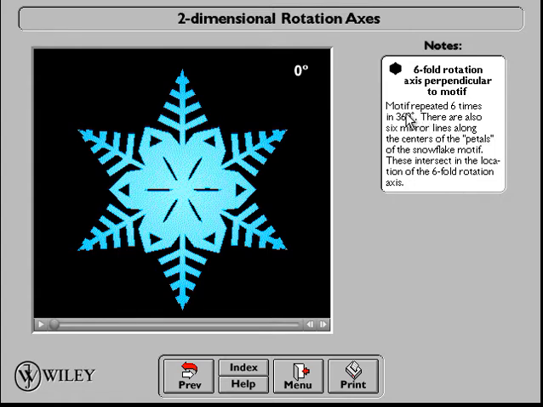Now when we are saying that this crystal or this snowflake will repeat itself 6 times in 360 degrees, that means it must repeat itself every 60 degrees. And we have here a hexagonal shape as the symbol.